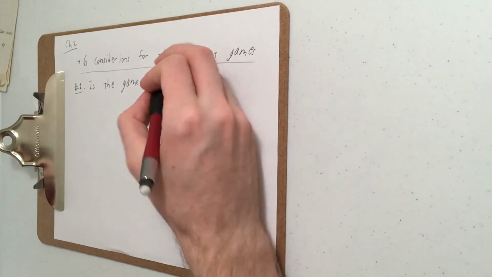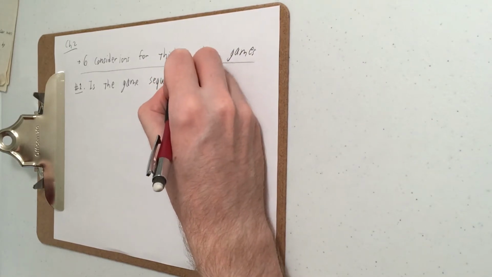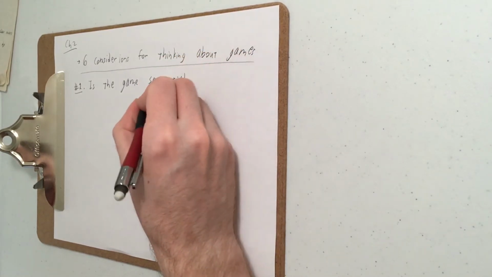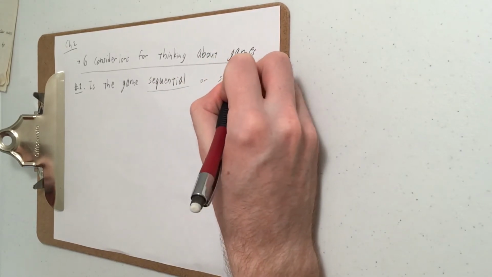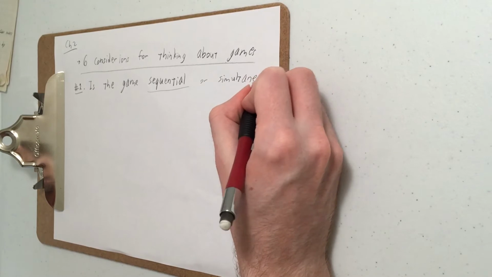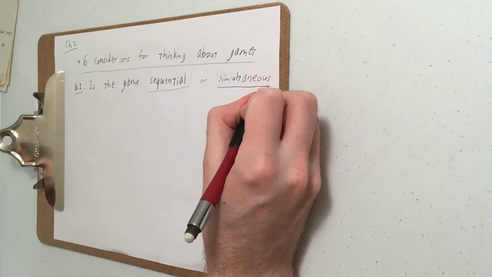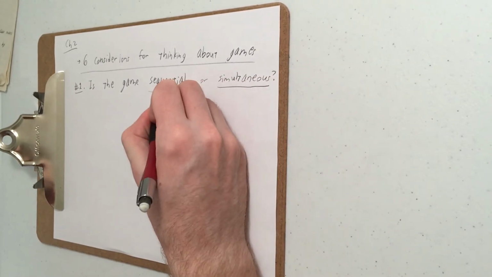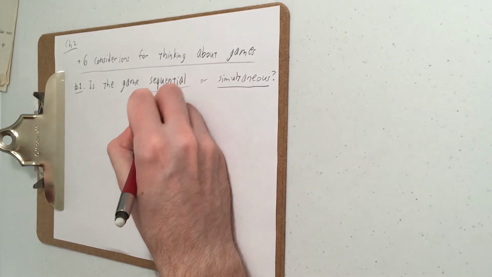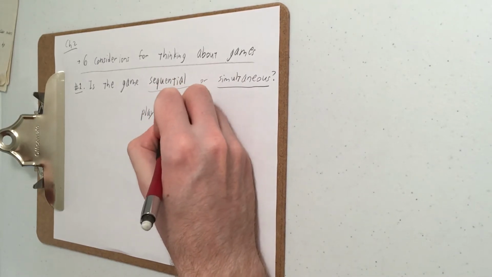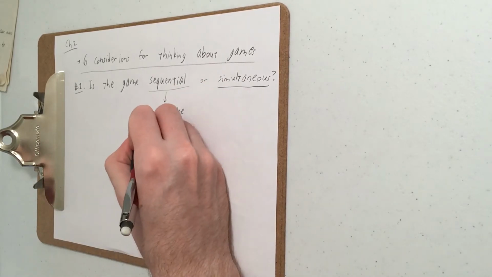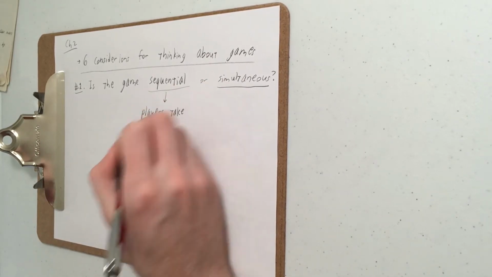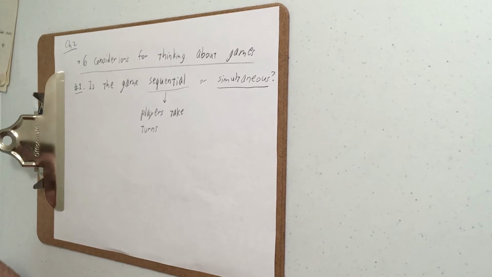Like maybe you make the first move and then I make the second move, etc. So games like chess are sequential. Tic-tac-toe is also sequential.